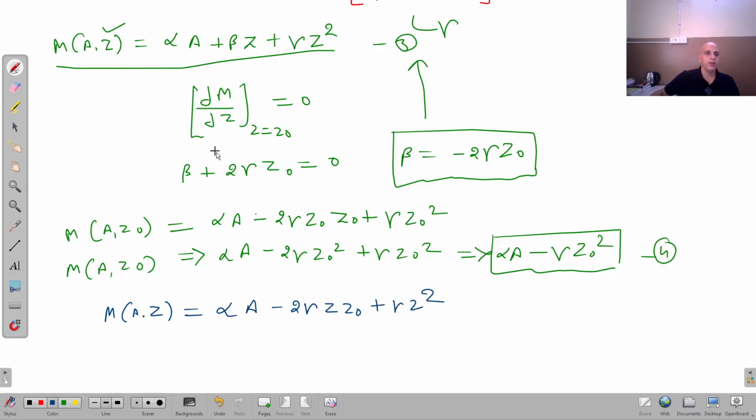What I did, I took equation number 3 and simply replaced the value of beta. I did not change Z here, only Z naught. So now this is M A Z, and this is equation number 5.